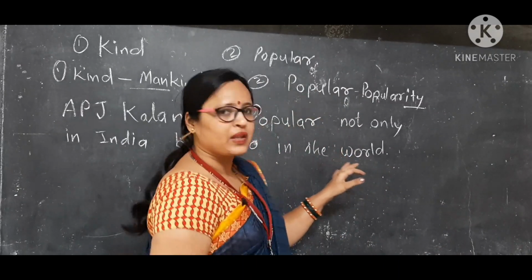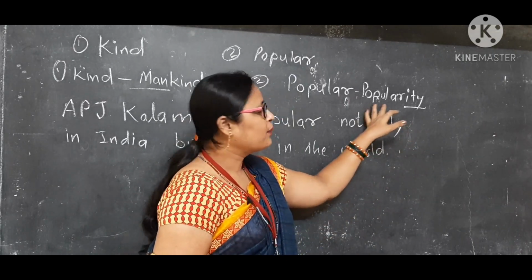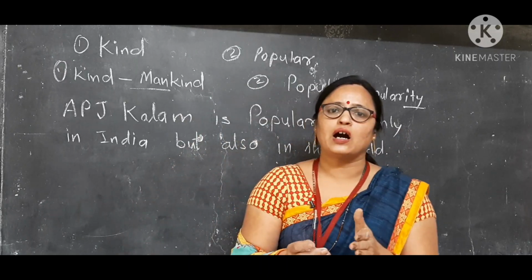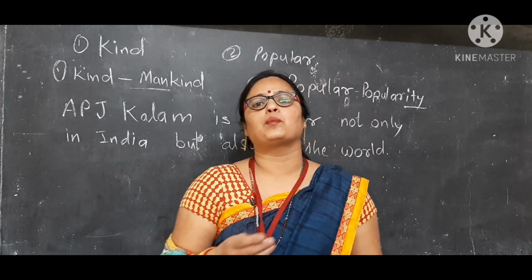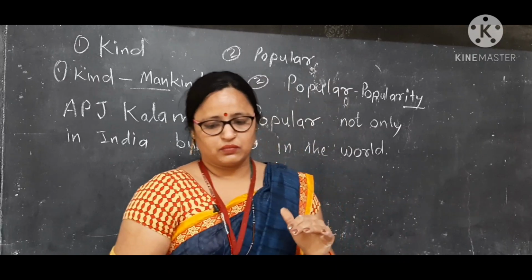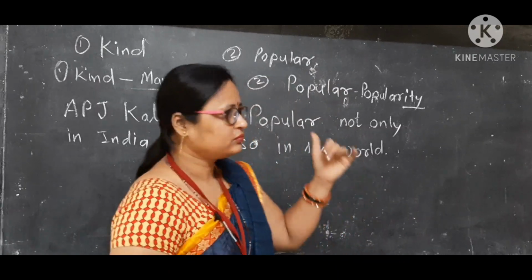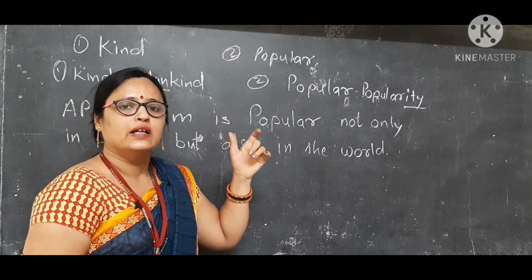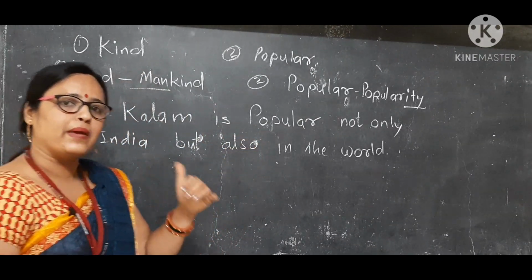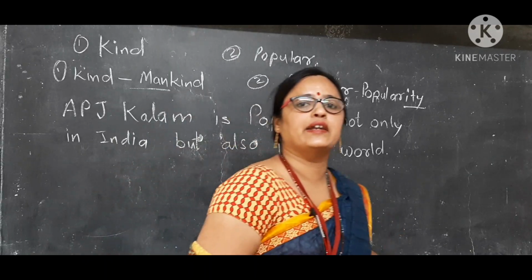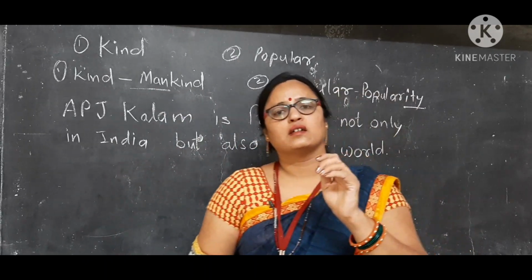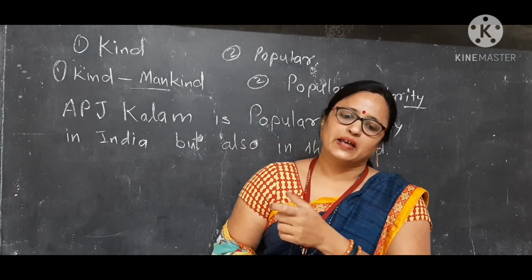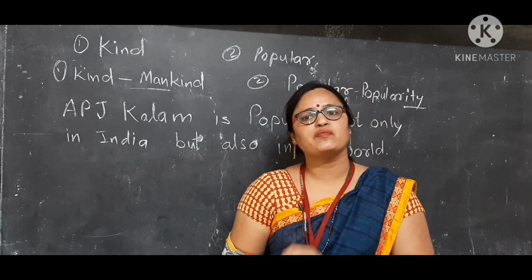Just an example: popular and popularity both have a similar meaning. And if I insert un here, unkind, then it makes the antonym of kind. So mostly prefixes make antonyms and suffixes modify the meaning.